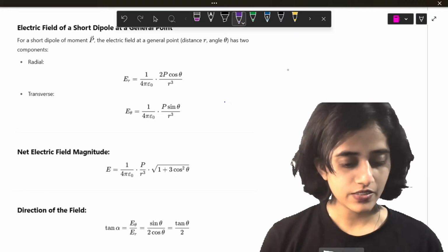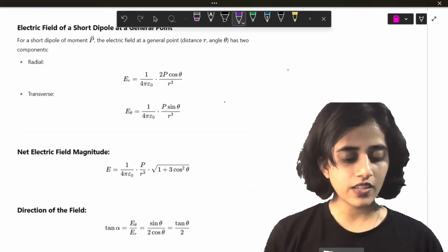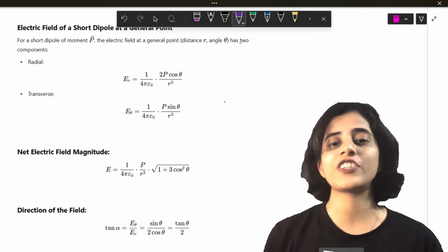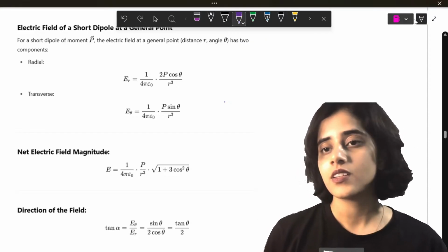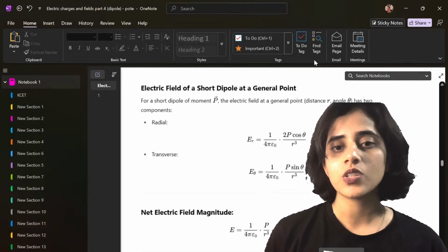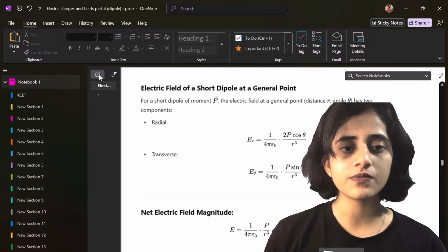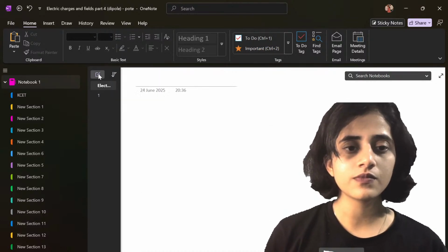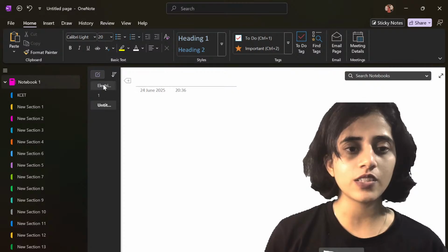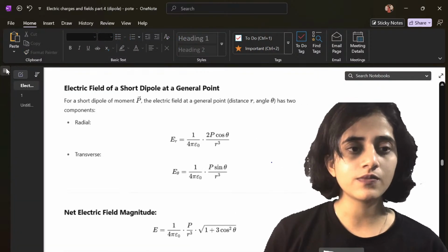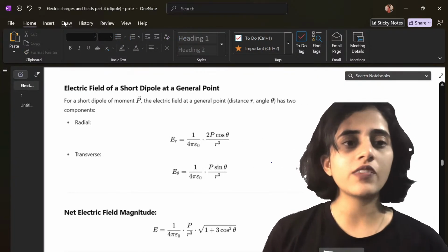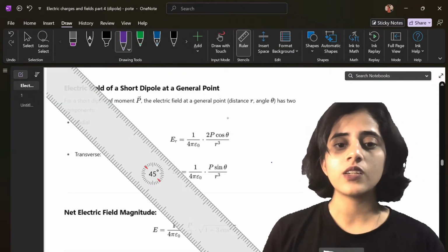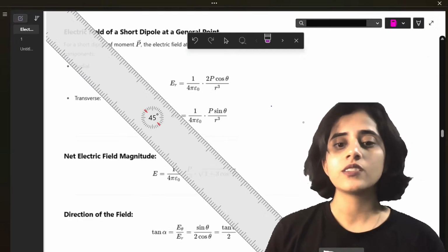Okay, so let's just think about that. What should we do? First, let's learn it with a diagram. So we should have a scale. Okay, now let's simplify it.